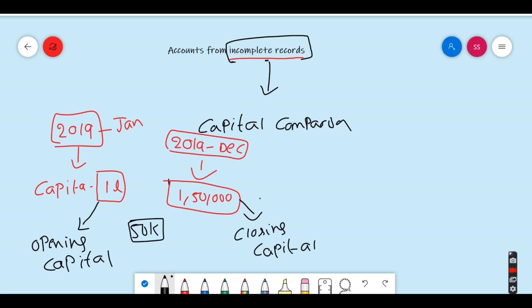So if a client comes to you with incomplete records and wants to find out how much profit they made, all you follow is the capital comparison method, right? According to this method, if you compare the opening capital and closing capital, you will find out the net profit you have made during the year, right?